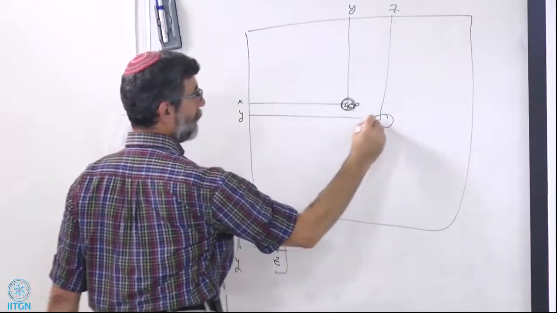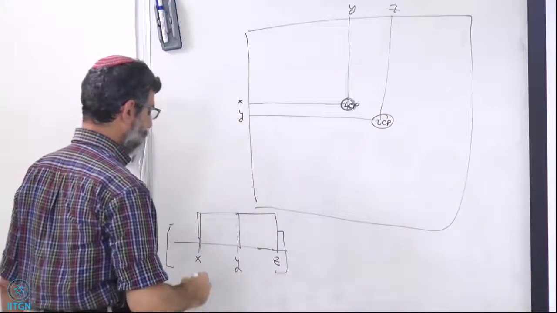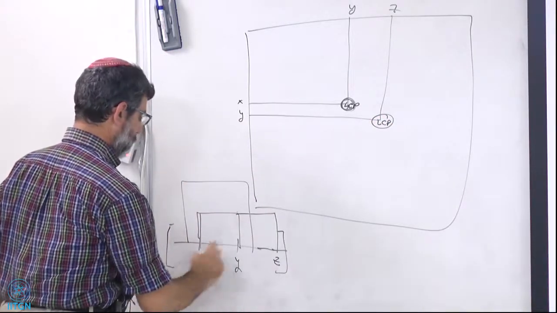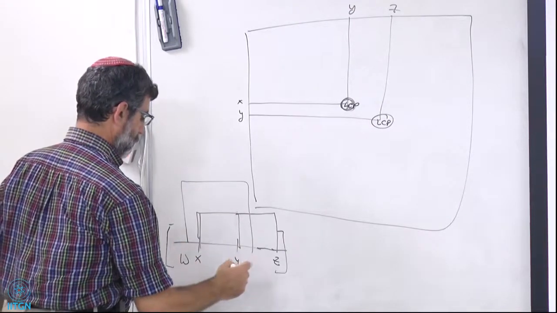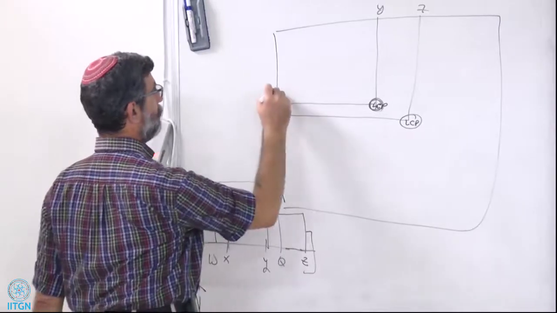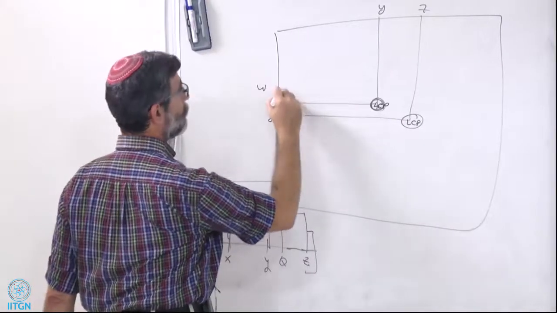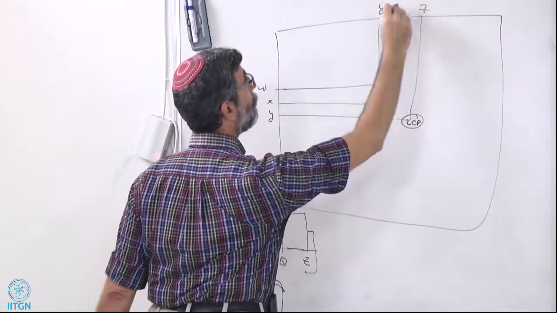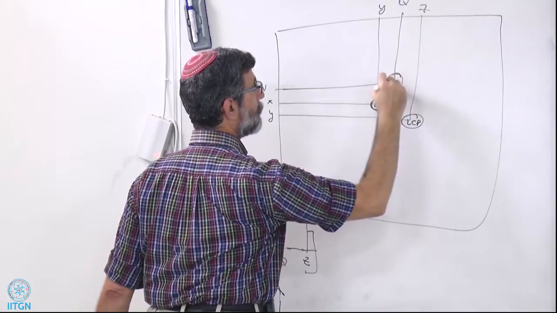And we have the other LCP. And let's also draw here this guy, that W and Q. Okay, so we have a W and we have a Q. And we have here an LCP.